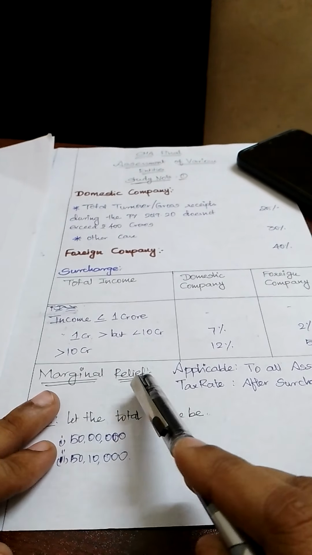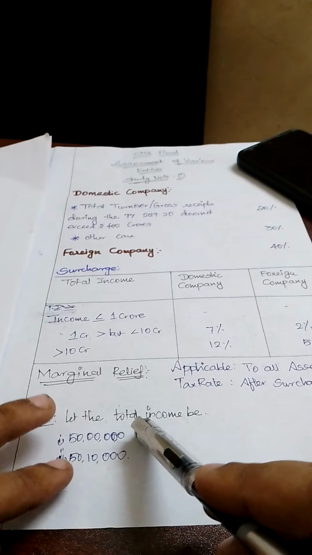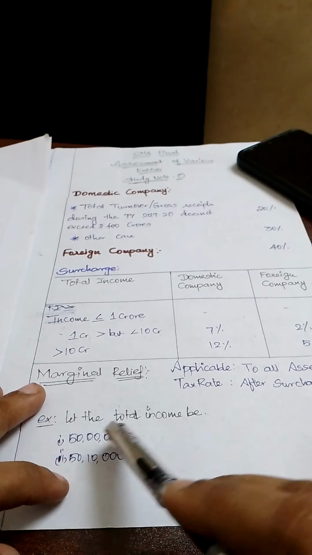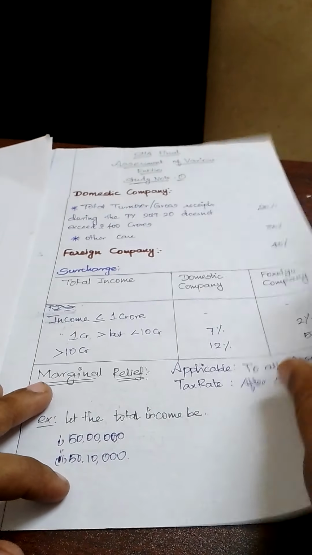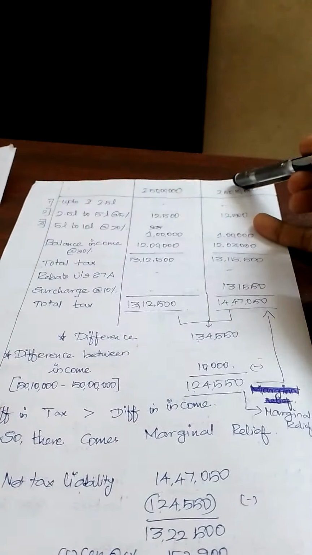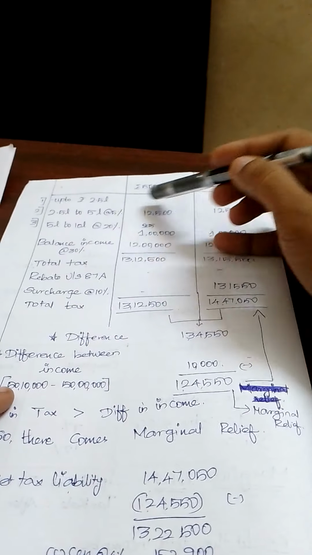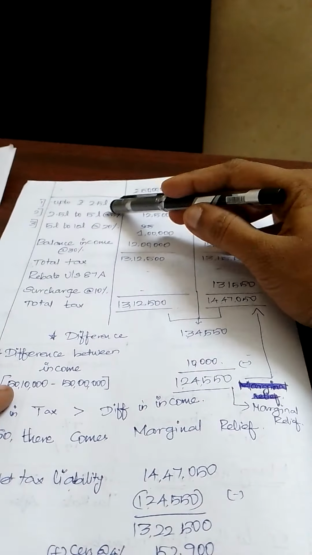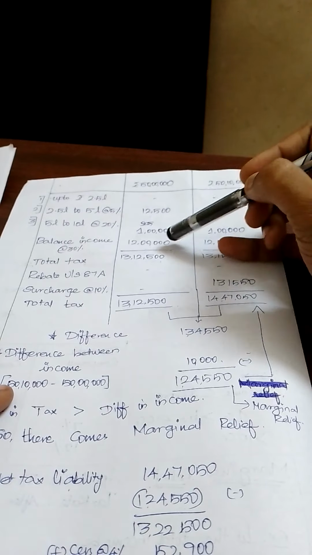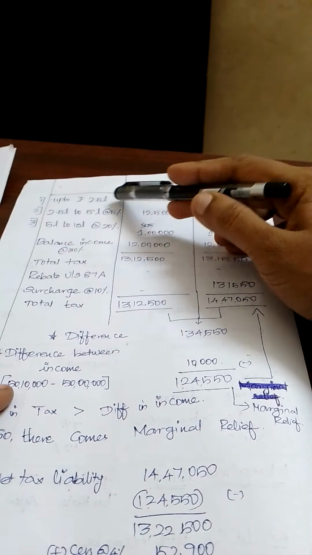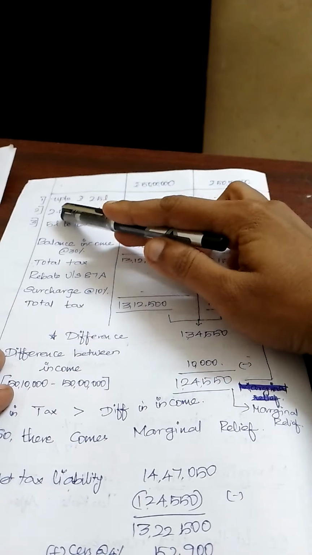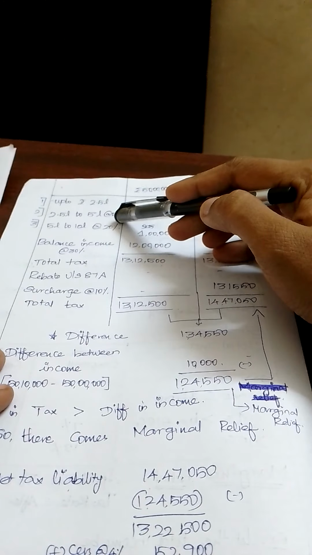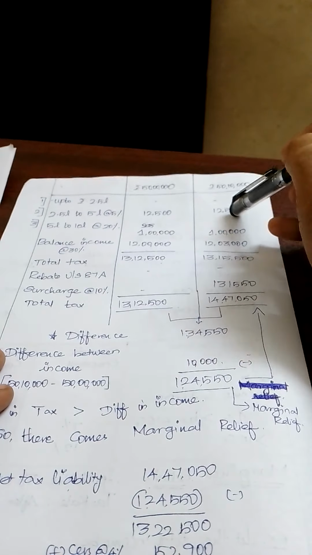What is this marginal relief? We'll understand with the help of an example. Let the total income be 50 lakhs and 50 lakhs 10,000. We'll compute tax on this. Up to 2.5 lakh there is no tax, assuming the person is less than 60 years old. From 2.5 lakh to 5 lakh we have a 5% tax rate, which gives 12,500 tax.